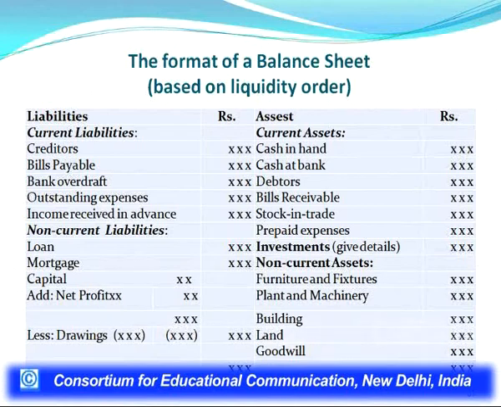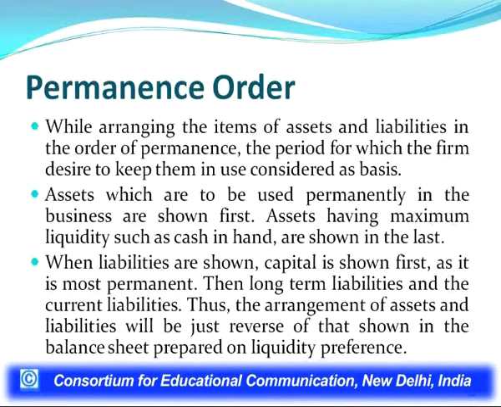We need to know the other order, that is permanence order. Permanence order is basically where those assets which are more permanent in the business, or we could say required in the business for the long term, are recorded first. So, we record the fixed assets first and the most liquid assets last.